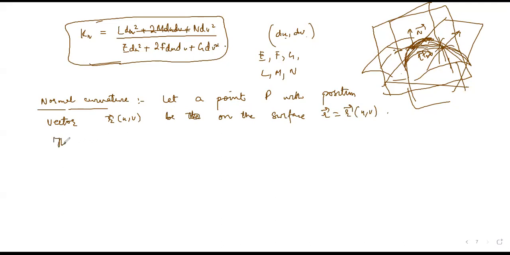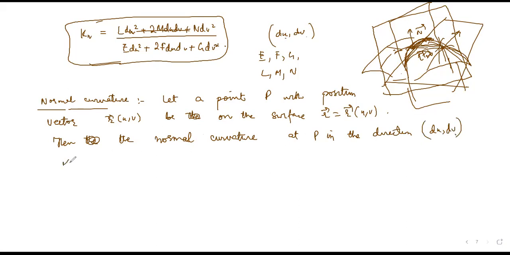Then the normal curvature at P in the direction du dv, this pair, is equal to the curvature of the normal section at P.